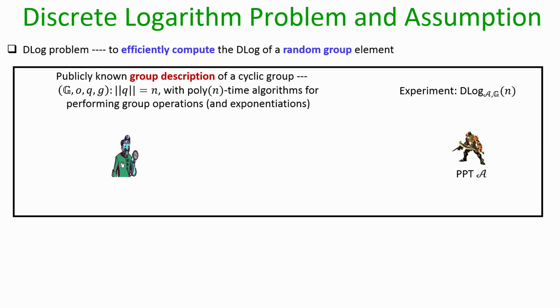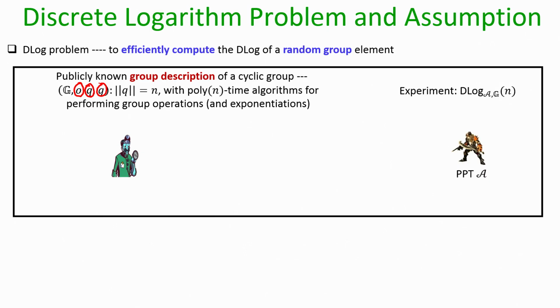And what I mean by the description of the cyclic group is that you know the underlying group operation which is there in the group, and the size of the group, namely the number of elements, and the generator, because you are given a cyclic group.